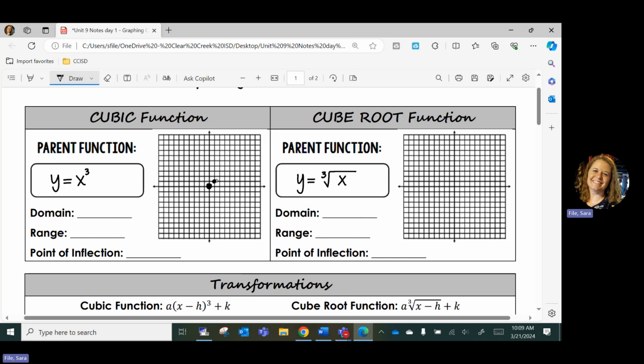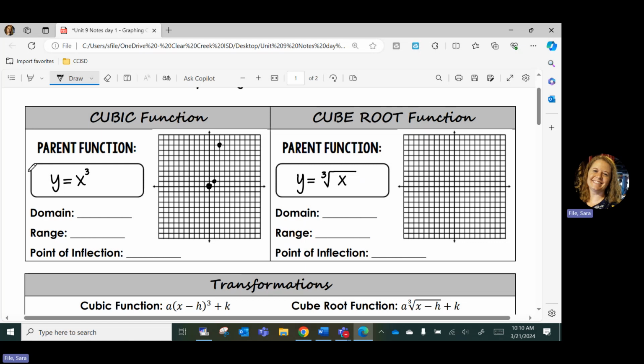What's 2 cubed? Remember, cubed means multiplied by itself 3 times. So 2 times 2 times 2. So there's a point at 2, 8. And if I cubed 3, I would get 27. That's not going to fit on this grid. So that's as far right as I can go to plot points.